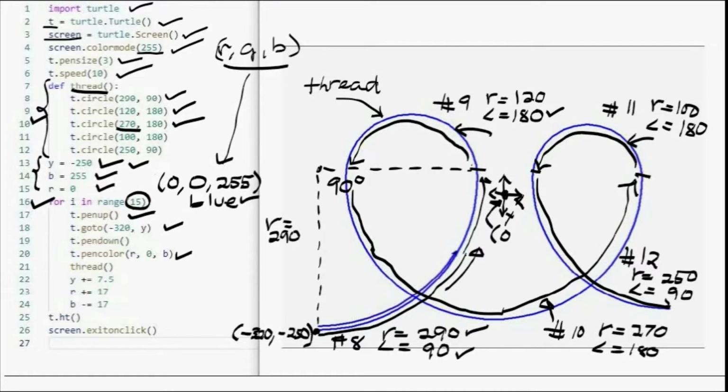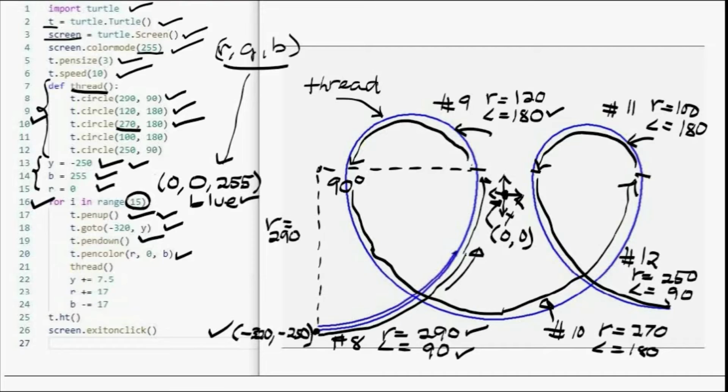I need to make the turtle go to negative 320, negative 250 to start drawing the first thread. So that's the reason why I need to have the pen up in number 17. And then I go to negative 320, negative 250, as I mentioned a while ago. This is line number 18.